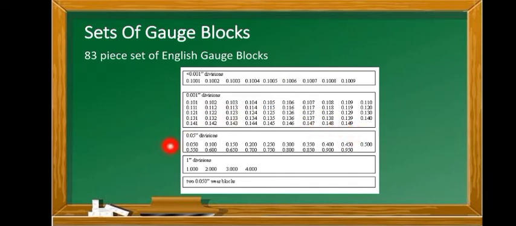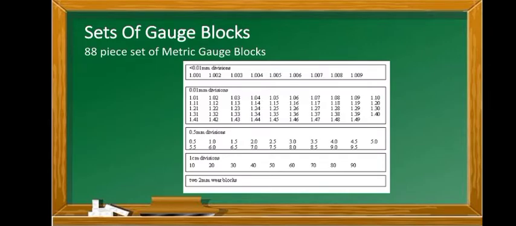On the third group with 0.05 inch divisions, this contains 19 blocks from 0.050 inch to 0.950 inch. And on the fourth group with 1 inch divisions, this contains 4 blocks from 1 inch to 4 inches. And the 2 wear blocks both have the same length, which is 0.050 inch.